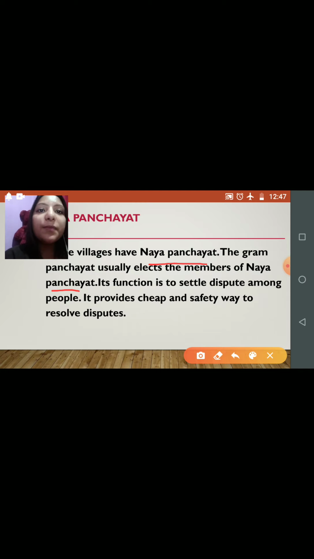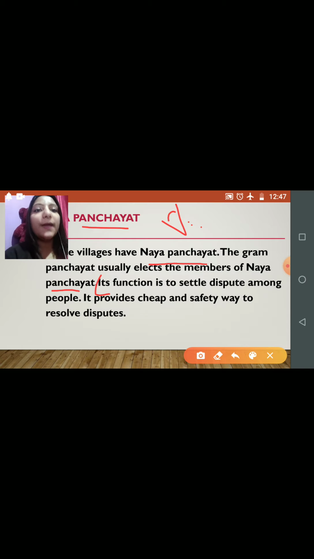Nay Panchayat is very important because it functions like a small court. Like at district level we have a district court, in the same way at village level the Nay Panchayat acts as a village court. In the state we have a state court, where we get justice.